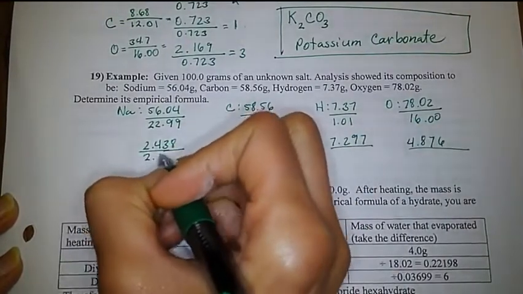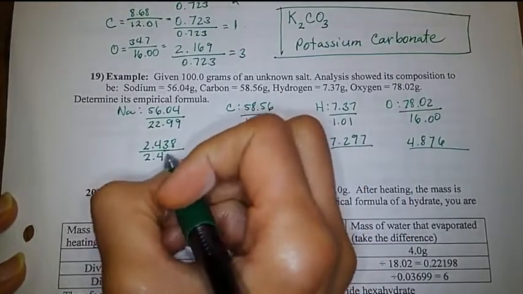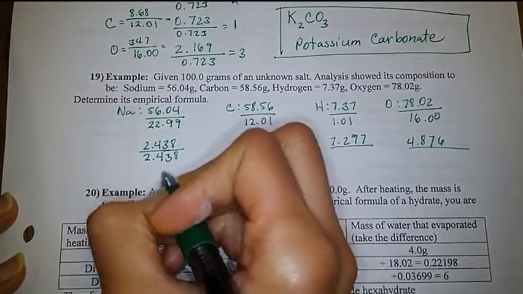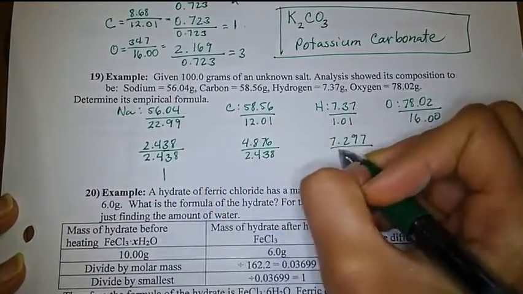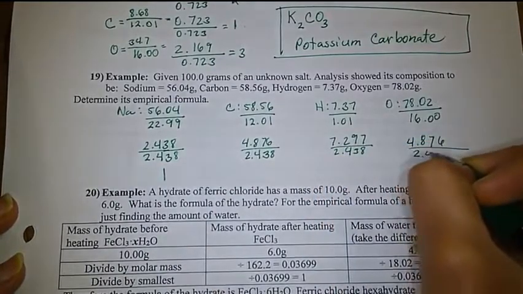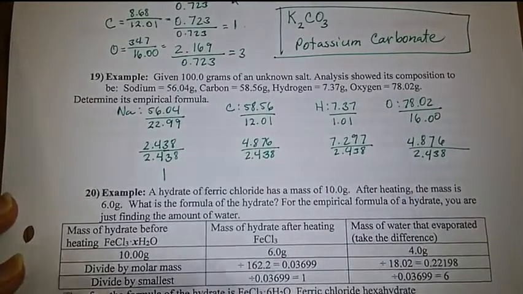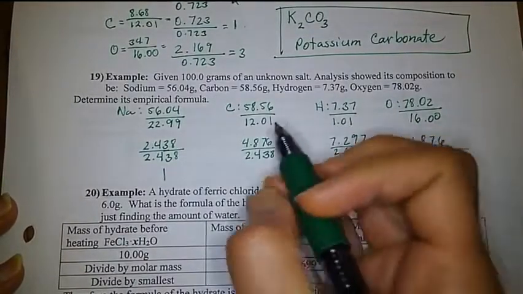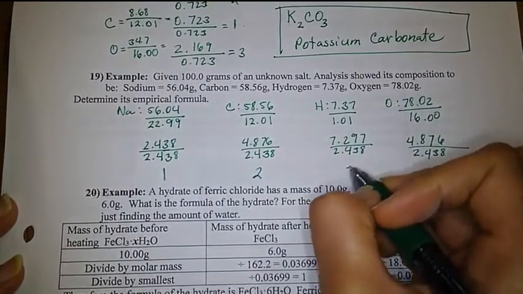So we're going to divide all the other numbers by the ratio for sodium, which is 2.438. And when I do, I get 1. 2.438 for carbon, 2.438 for hydrogen, 2.438 for oxygen. And when I put this in my calculator, for carbon, it should come out to be 2. For hydrogen, it should come out to be 3.